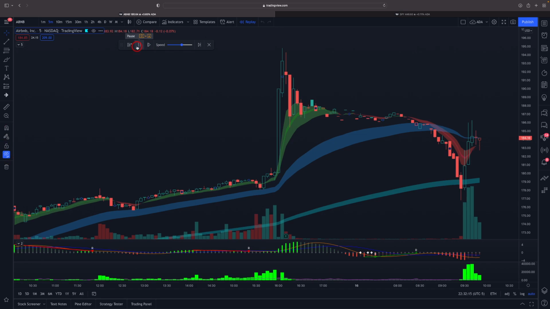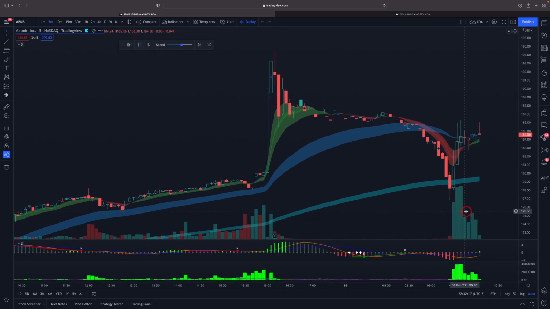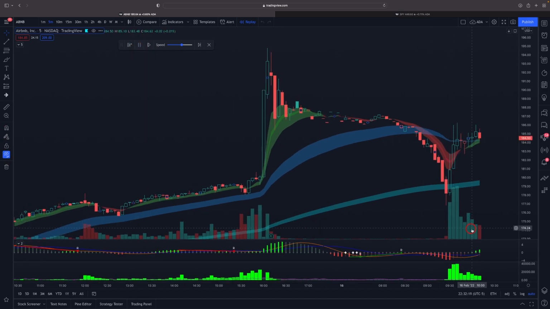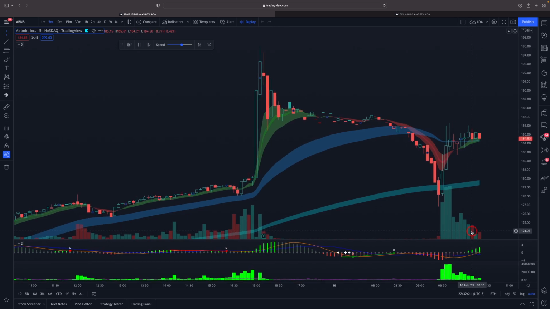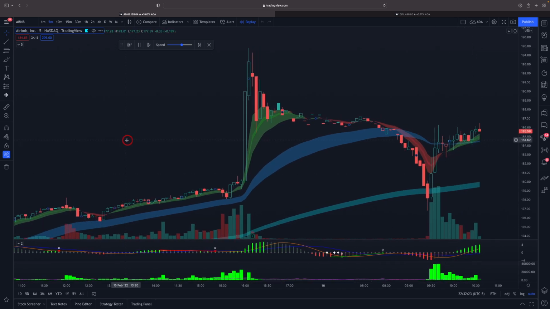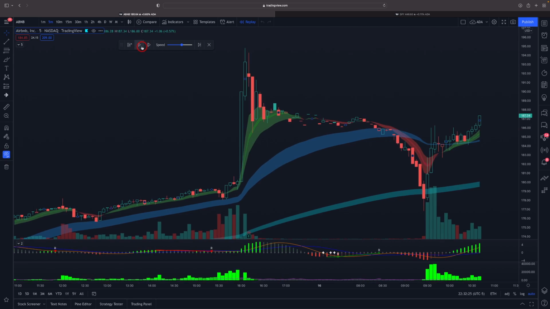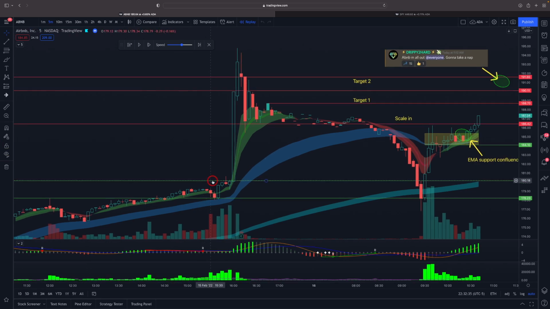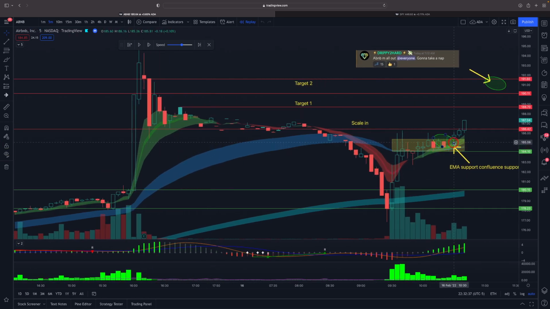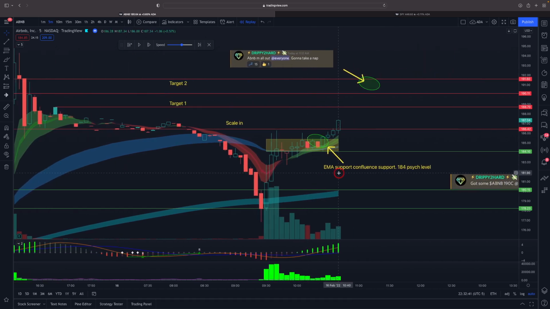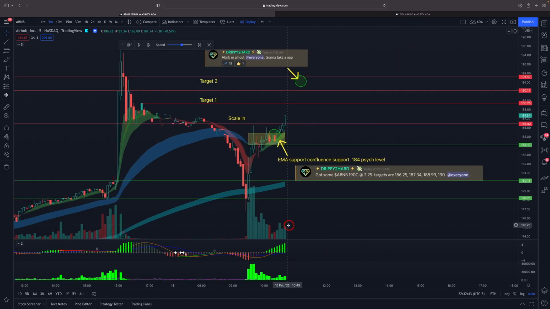And I'm seeing here the volume is significantly higher and the red volume is low compared to the green one. Right at this moment, at this area, I entered my position around 185, and I saw this consolidation area. So let's draw all these, right? I entered my position around here.